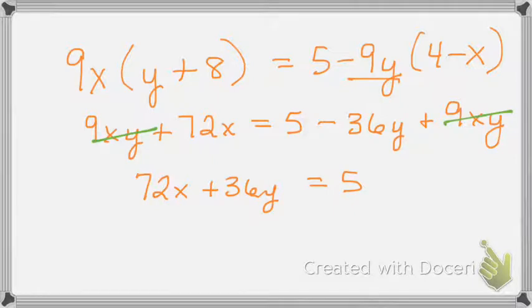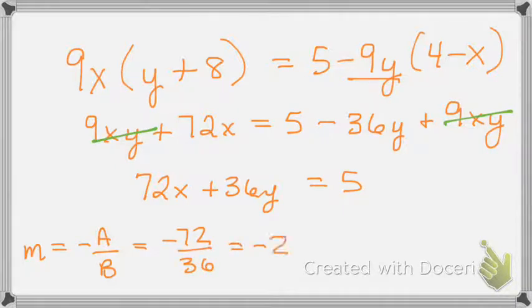And of course, in standard form, I can always find slope, my x-intercept, and my y-intercept. What would my slope be on this thing? How is slope calculated in standard form? Negative A over B, so it would be the opposite of 72 over 36, which is equal to negative 2. So my slope is negative 2.